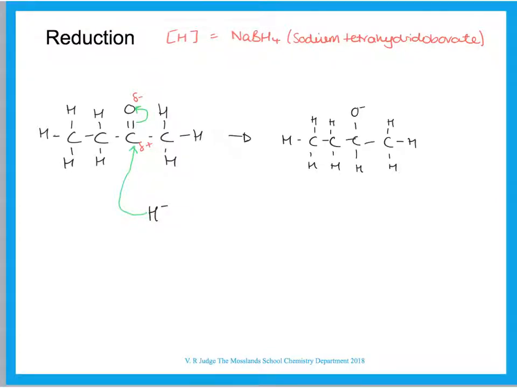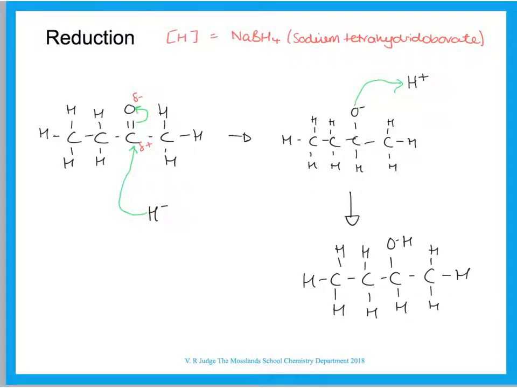Okay, so this is our product, and we need to add an H+ ion coming from water or from an acid. So we've got electrons on this oxygen atom. They are going to be attracted to the positive charge on that hydrogen ion, and that will form your secondary alcohol. Okay, so there you go. There's a mechanism for turning butanone into butan-2-ol.